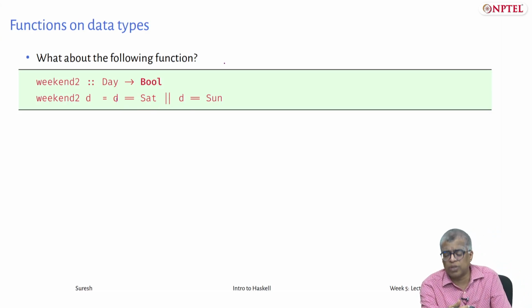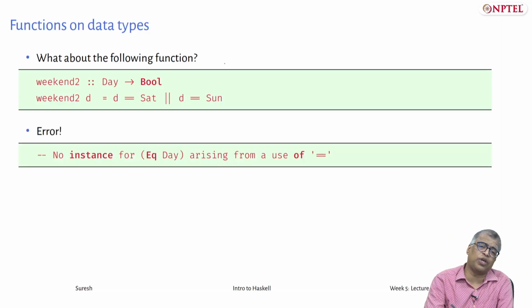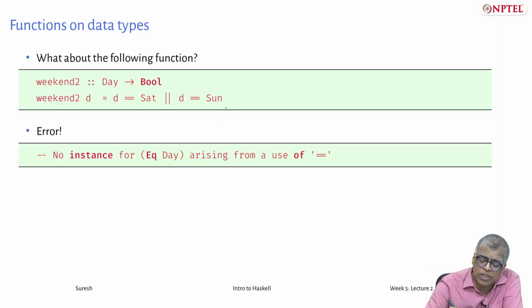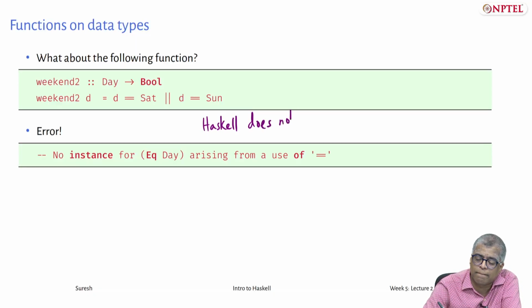If we try this on GHCi, you will get an error: no instance for Eq Day. That is because Haskell does not yet know that Day belongs to Eq.